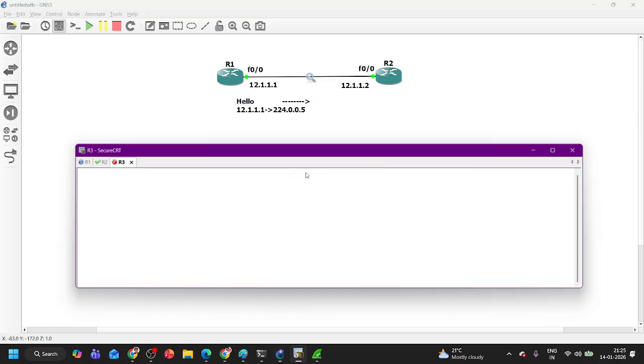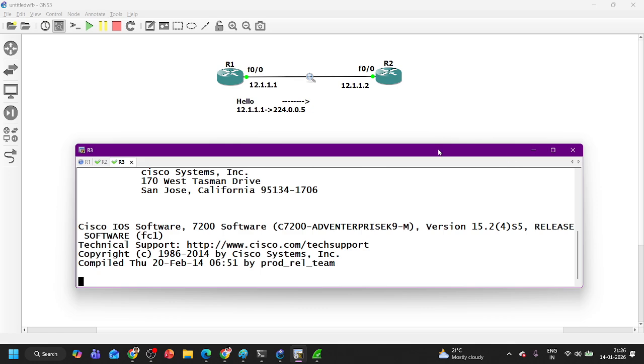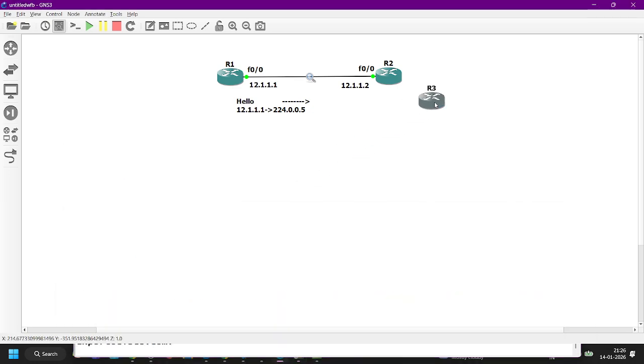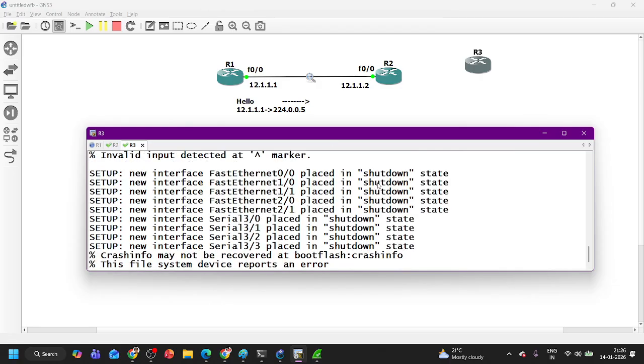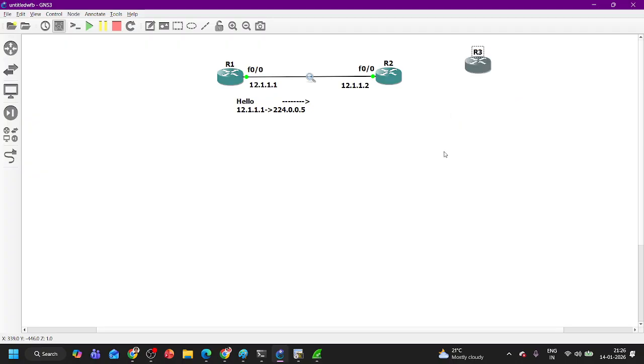Here, on router number 3 I am going to configure some loopbacks, and I will enable OSPF. Tell me one thing first: if there is no IP address configured on the router and I enable the OSPF protocol, how will the router elect a router ID?